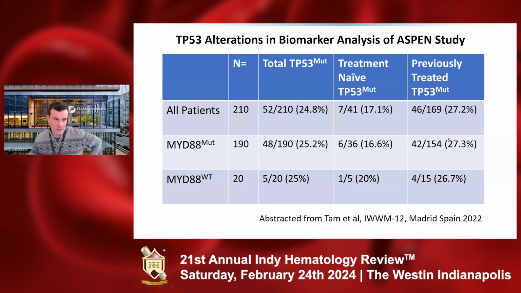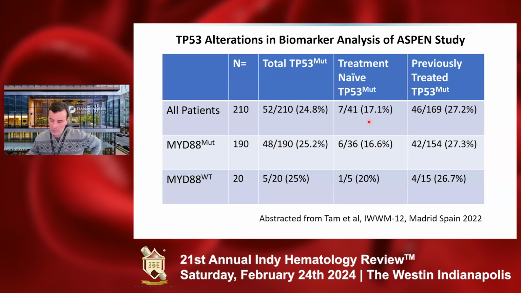What did they find? Well, what they found was that when you looked at all the patients on the study, both the MYD88 mutated and the wild type, 25% of the patients had a TP53 mutation. It was more likely to be present if somebody had been treated previously as opposed to not being treated.